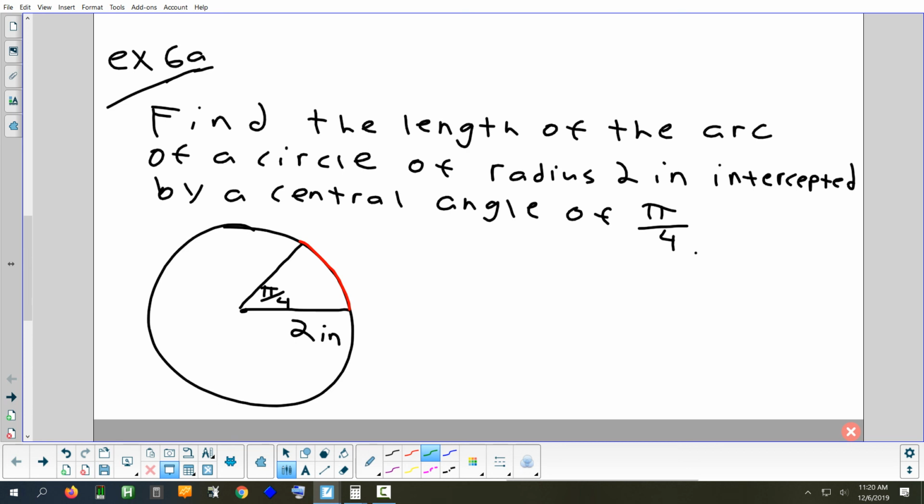Okay. So in order to find the length of the arc, Akira, what's the first thing that I need to find the length of an arc in a circle? Well, what do we have?